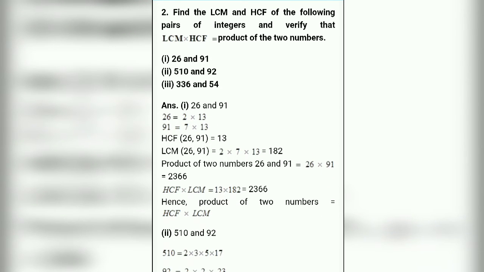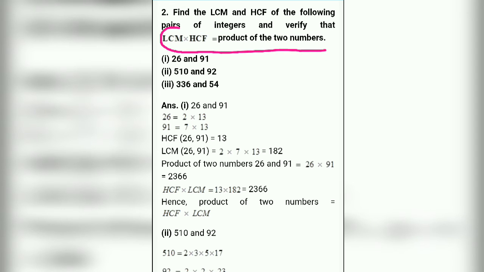Read this question. Find the LCM and HCF of the following pairs of integers and verify that LCM multiply HCF is equal to the product of the two numbers. I already explained this formula in the theory part.